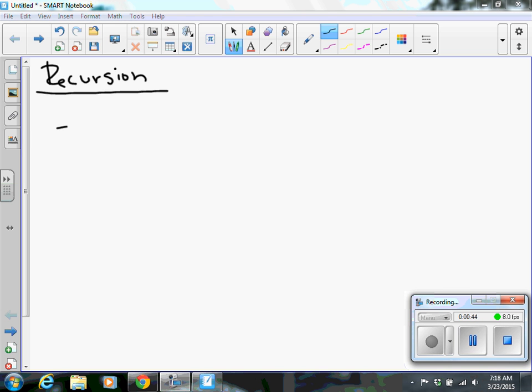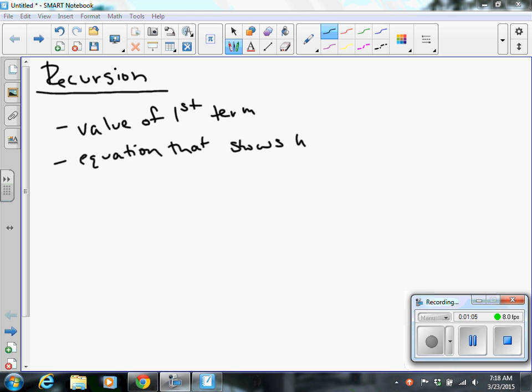Okay, so with a recursion, we need the value of the first term, and we also know that the recursion is going to give me an equation that shows how to find each term from the term before.